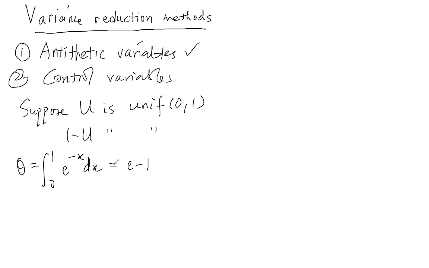If you use the Monte Carlo method, the usual way is to just do the following, right? Because this is actually equal to the expectation of e to the minus X, where X is uniform 0, 1, right?